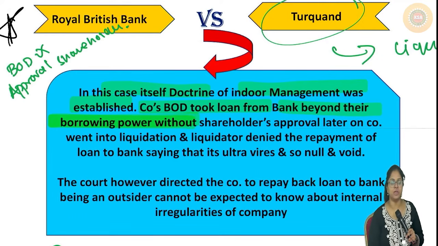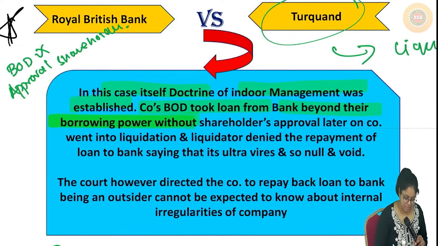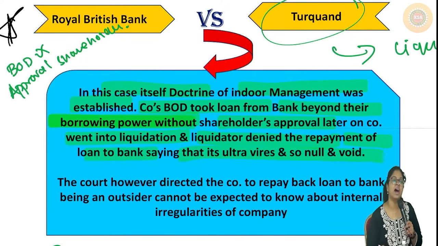But the company took a loan without taking the approval of the shareholders. That means they did something beyond their capacity. Are you able to understand? Here, the shareholders' approval was not taken, and when the company went into liquidation, the liquidator denied repayment of the loan to the bank, saying that it is ultra vires and hence null and void.